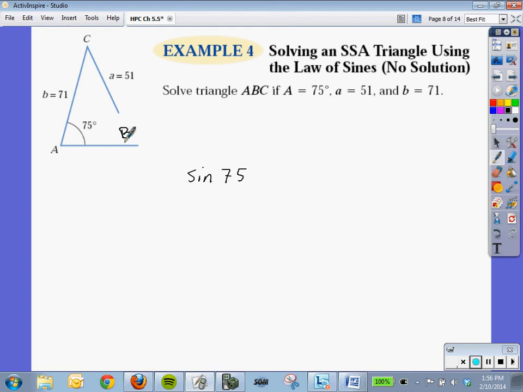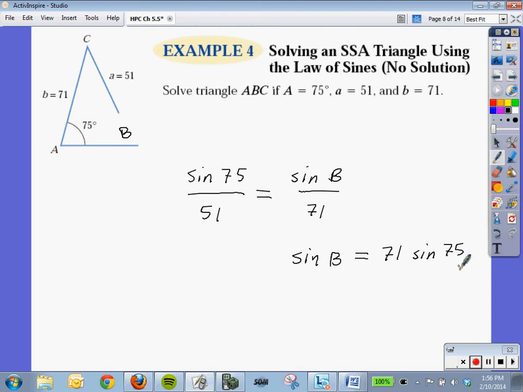We're going to solve for big B here, and we're going to say the sine of 75 over 51 is equal to the sine of B, big B, over little b here. So let's go ahead and solve for the sine of B. We're going to end up with the sine of B is equal to 71 times the sine of 75 over 51.